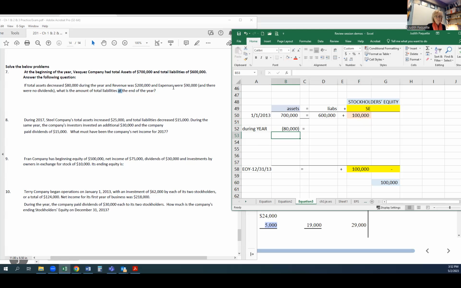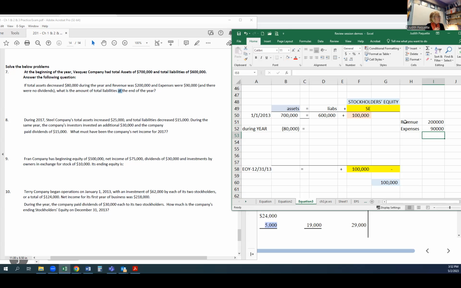And revenue, which we haven't been talking about, was 200,000 and expenses were 90,000, and there were no dividends.